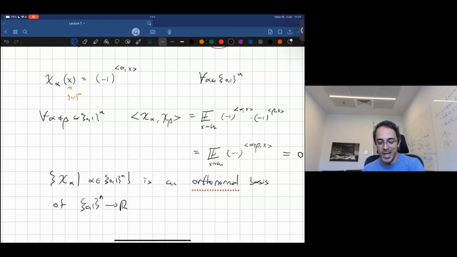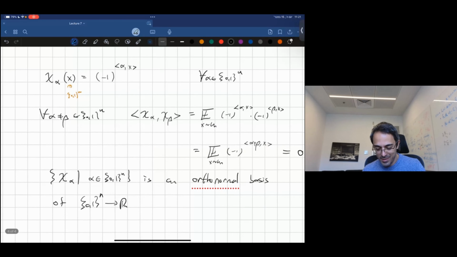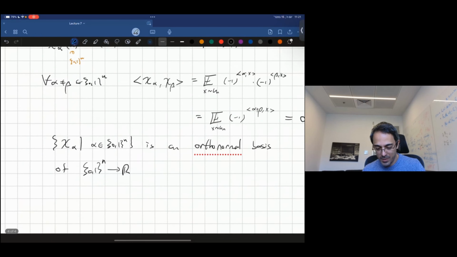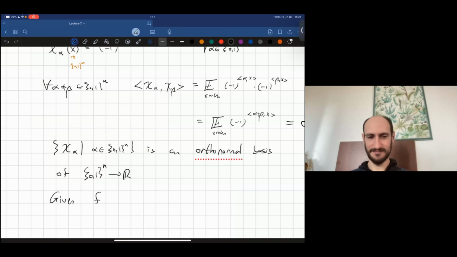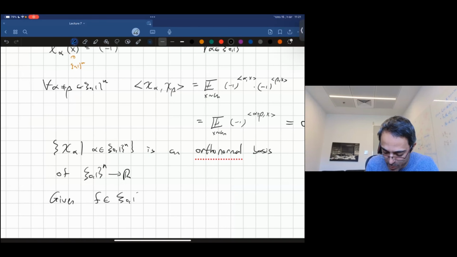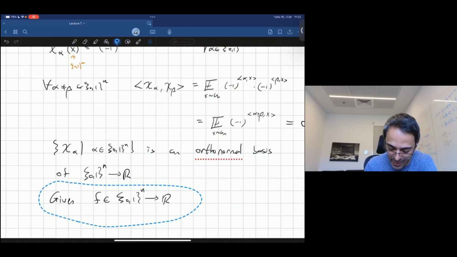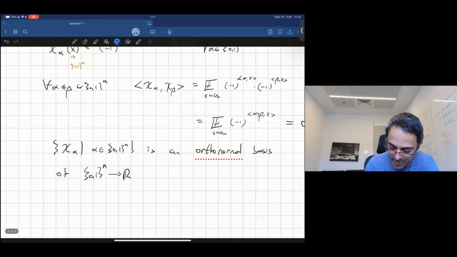And what do we like to do when we have a basis? Certainly orthonormal, but even just a basis. Given a function, what do we like to do? Span it in that basis. Exactly. So given f, because then we understand its relation to that basis. Sometimes you don't really care about the basis, it's just a tool, but sometimes it's a useful tool, not just a way of concretely presenting things.